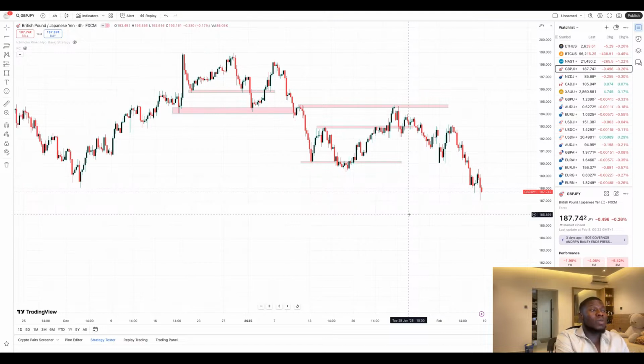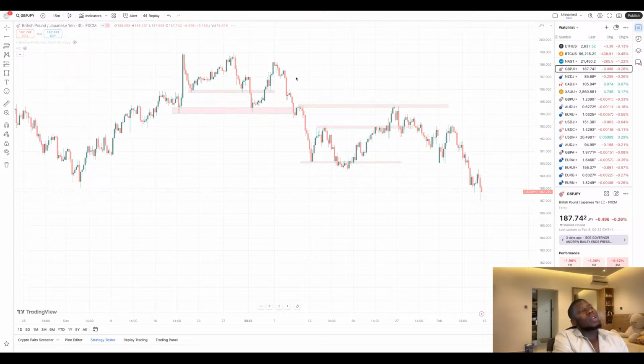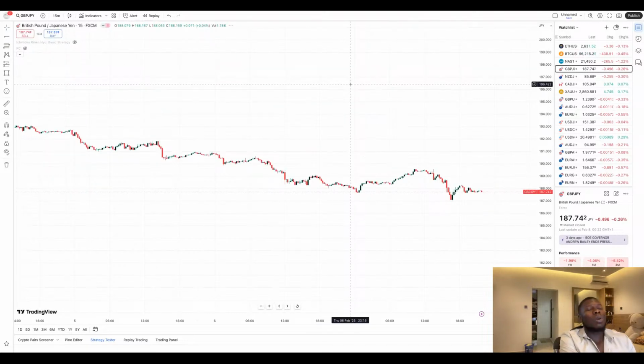So maybe check for more confirmation, but this is just 4 hours. So I pointed out the areas that are here: good demand, good demand, good supply. That's all. Moving to 15 minutes, you do this from your 1 day, your 4 hours, your 15 minutes.